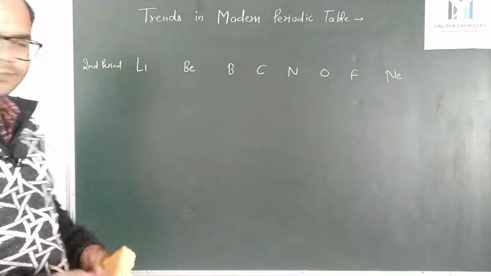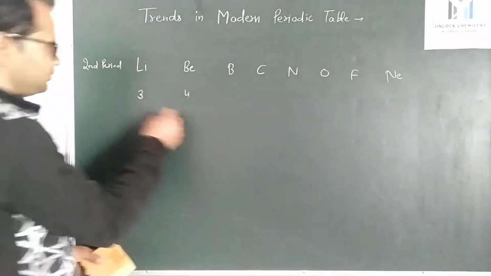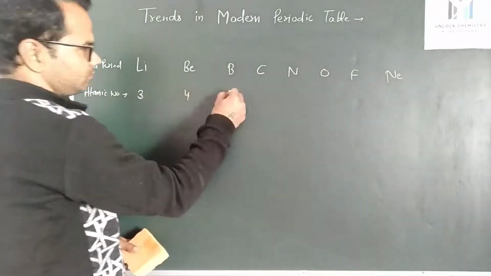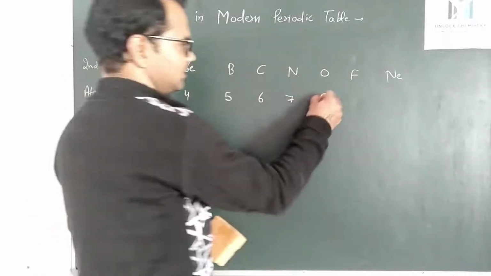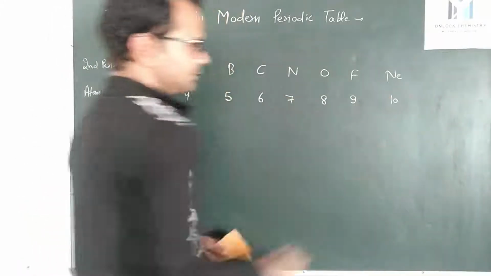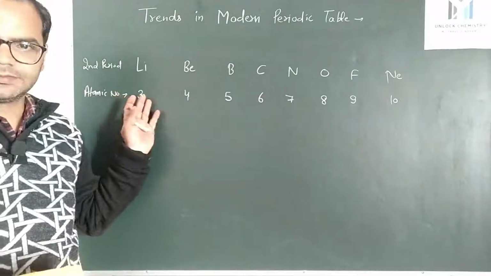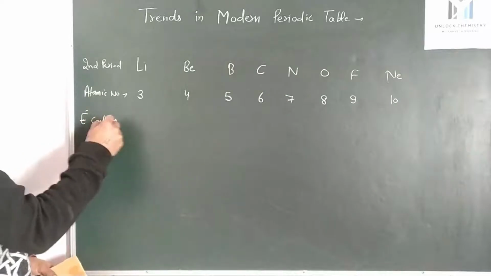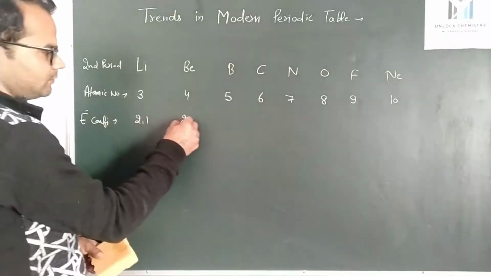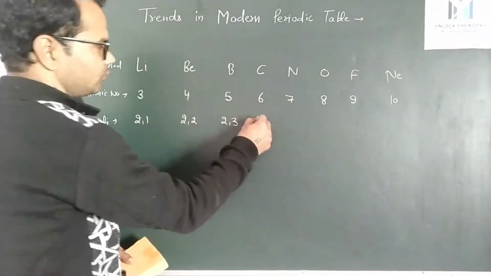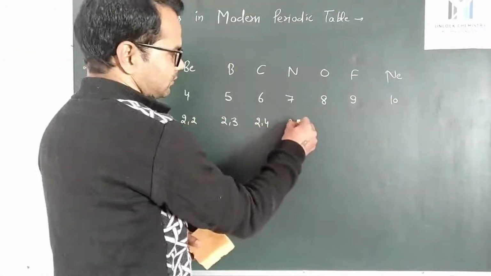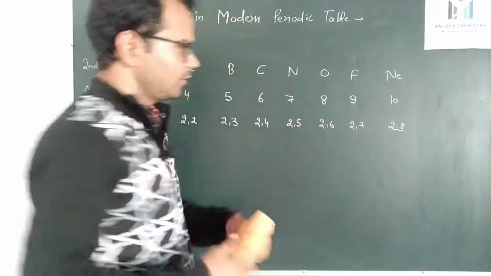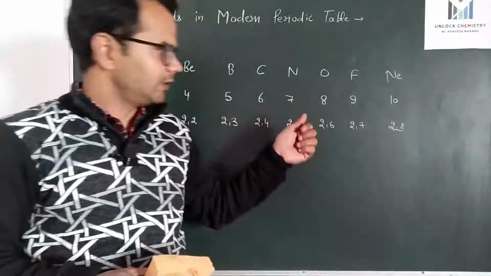Atomic numbers of elements are lithium 3, carbon 6, nitrogen 7, oxygen 8, fluorine 9, and neon is 10. Their electronic configuration: 2 1, 2 2, 2 3, 2 4. Neon is a fully filled element.